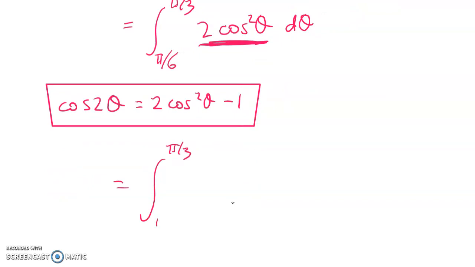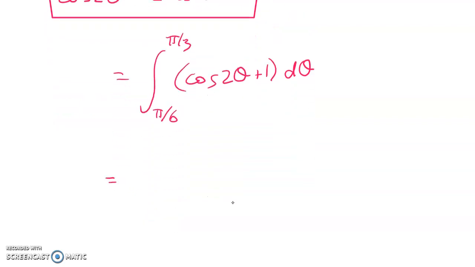We'll have pi on 3 here, pi on 6 here. And now we're going to have cos of 2 theta plus 1 d theta, which is a nice, easy trig integral. It will come from sine of 2 theta times 1/2 plus theta.